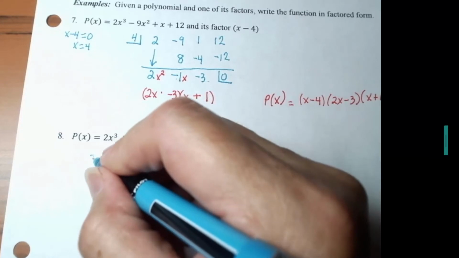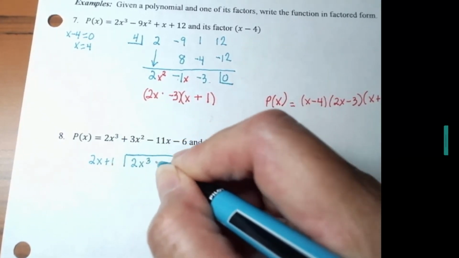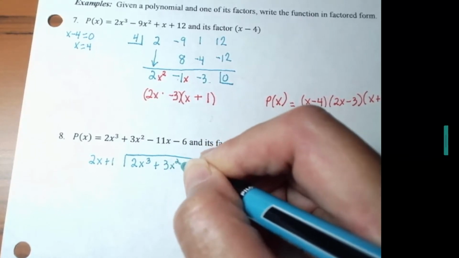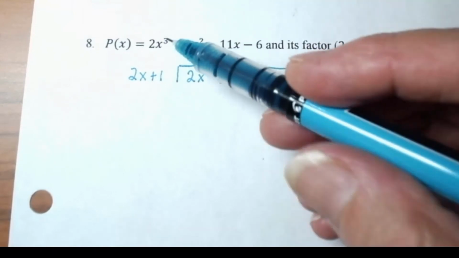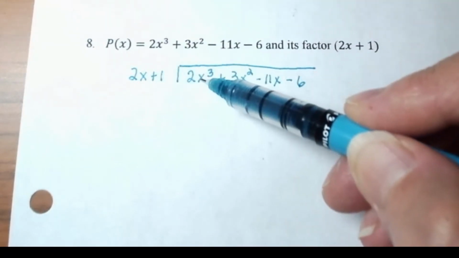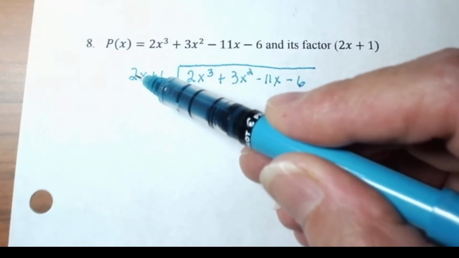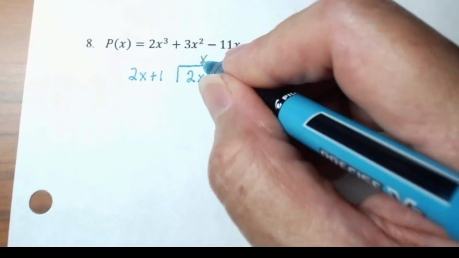Out here we have the 2x plus 1, and in here we're going to put the 2x to the third plus 3x squared minus 11x minus 6. Now we divide. We look at this 2x and the 2x cubed, and if we divide these two terms, we would get x squared.